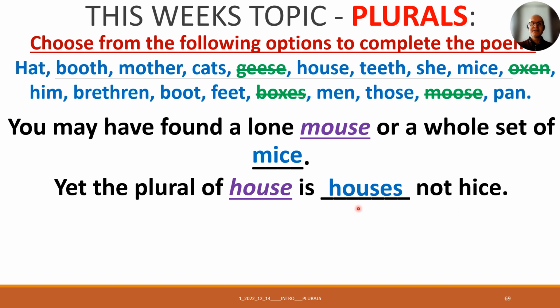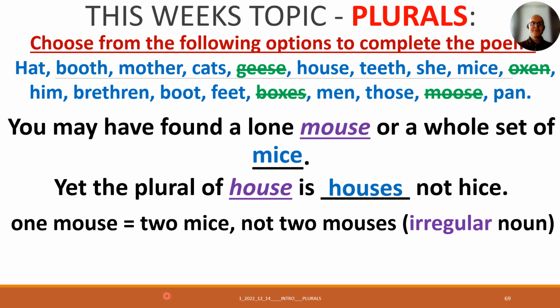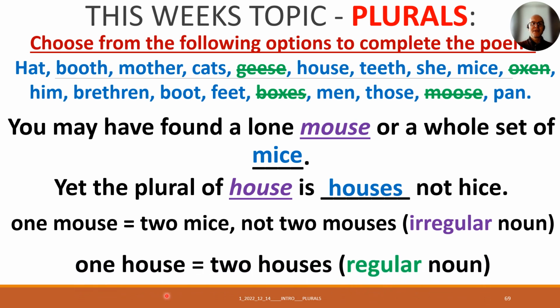It's houses. So mouse becomes mice, but house is not heis, it's houses. One mouse, two mice. One house, two houses.